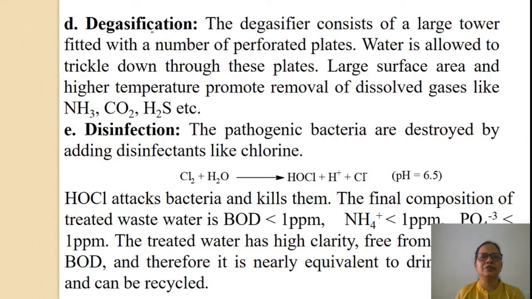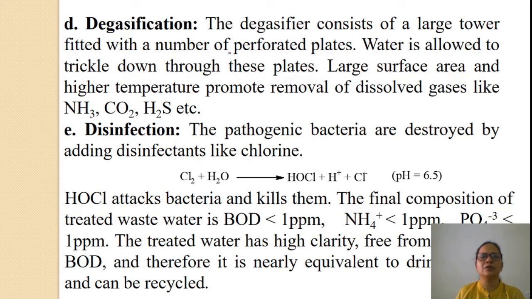Fourth step in tertiary treatment is degasification. Degasification is removal of the gases which are dissolved in water. The degasifier consists of a large tower fitted with a number of perforated plates. Water is allowed to trickle down through these plates.